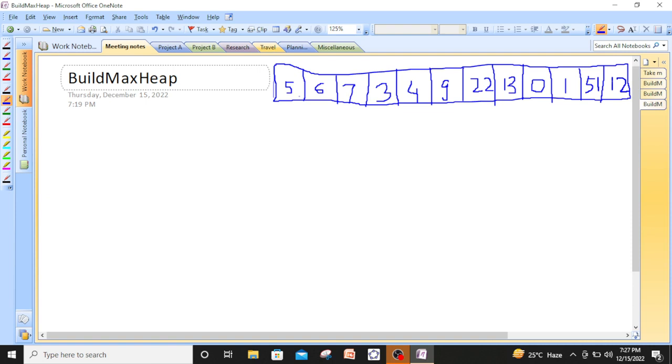Here you see I have taken an array of size 12.